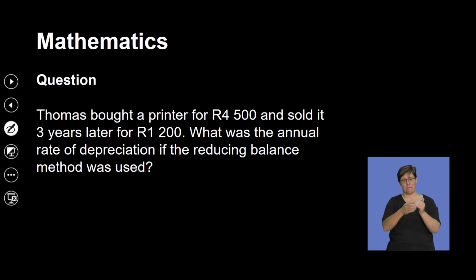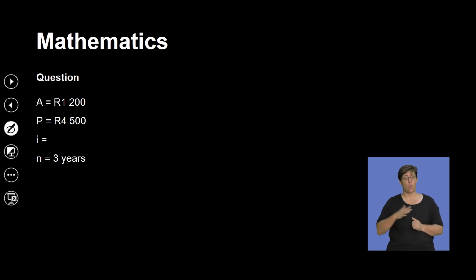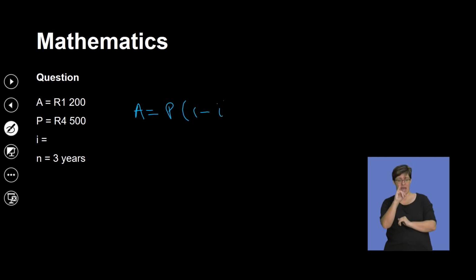Now, Thomas actually bought a printer for 4,500 and sold it 3 years later for an amount of 1,200. What was the annual rate of depreciation if the reducing balance method was used? So here, we want the value of I. So A is equal to P into 1 minus I to the exponent of N, right?